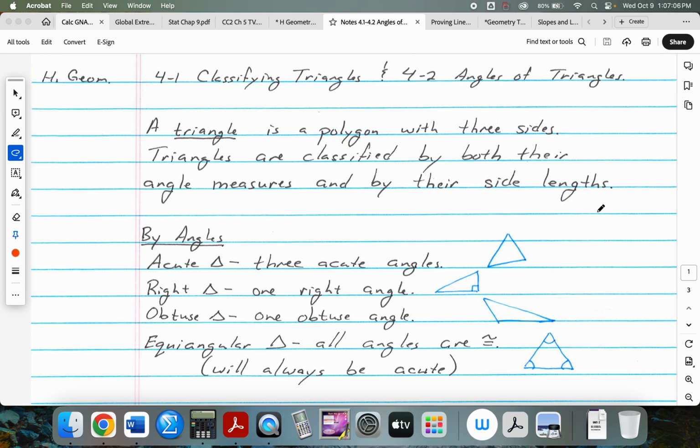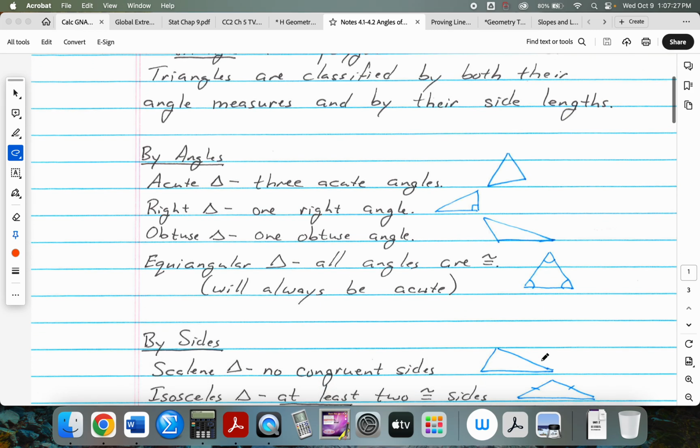But the name tells you exactly what it is, right? The root word is angle, and the prefix E-Q-U-I means they're equal. It has equal angles. All the angles are congruent, and they have to all be acute. Okay, we'll talk more about equiangular triangles in a bit.